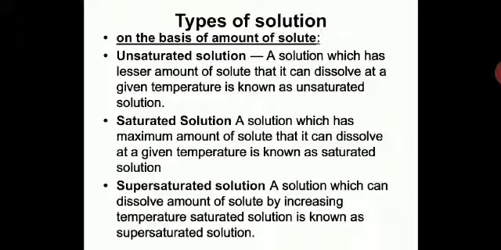Now supersaturated: a solution which can dissolve more solute by increasing temperature. How can you make a saturated solution supersaturated? Now, only 62 grams can dissolve in 100 grams at 313 K. But if you increase the temperature, if you apply heat and try to dissolve more, it will take up more, and that level where it is taking up more than the saturation point is a supersaturated solution.